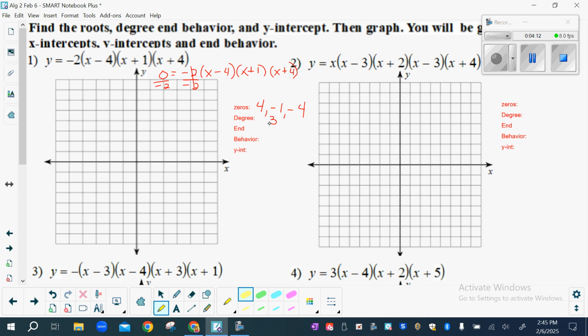Negative. So A is negative. It is an odd degree. So what's my end behavior? Left down, right down. Good. So you're just looking at your table. Does that make sense?